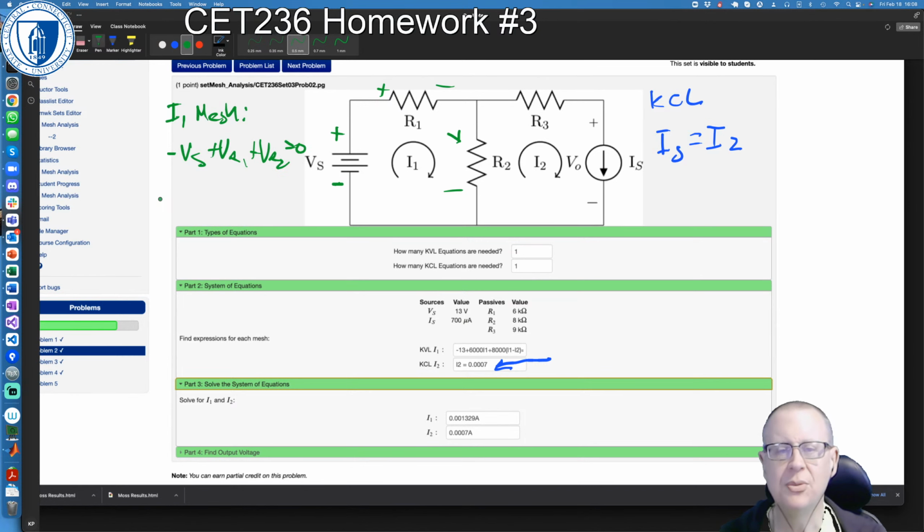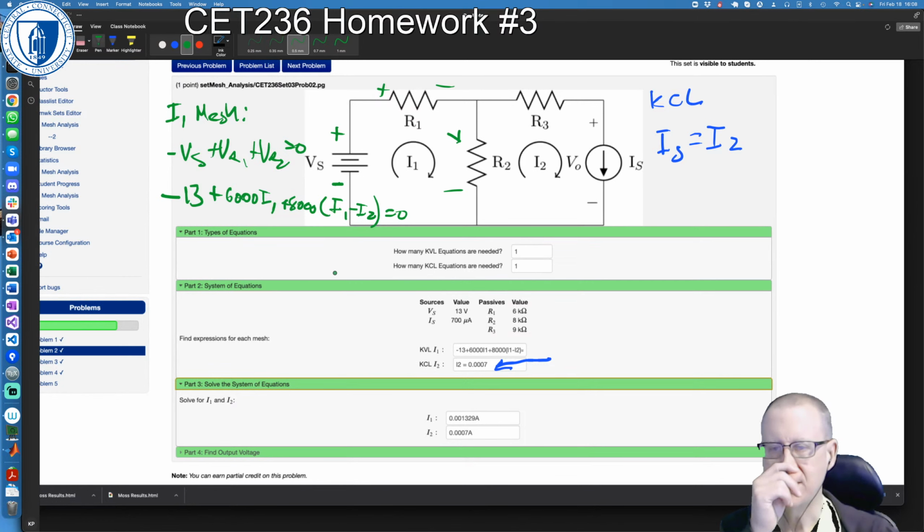Right, so minus VS is 13 volts, so minus 13 plus VR1, which is R1, which is 6,000, I1, and then R2 is 8,000 times I1 minus I2, because I2 is going in the opposite direction, and that equals 0.